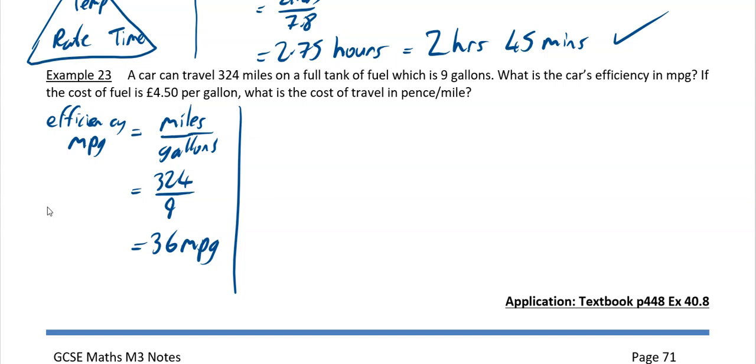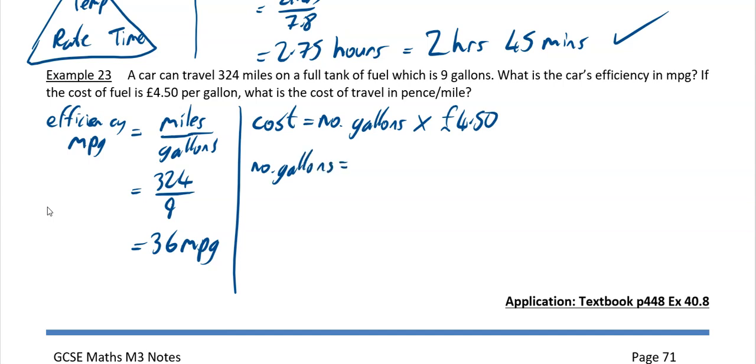So what we want to do is work out his cost. So the cost then is going to be the number of gallons times whatever the cost was. It was £4.50. So the number of gallons used we need to find. So number of gallons is equal to the 324 divided by 36, which is 9.